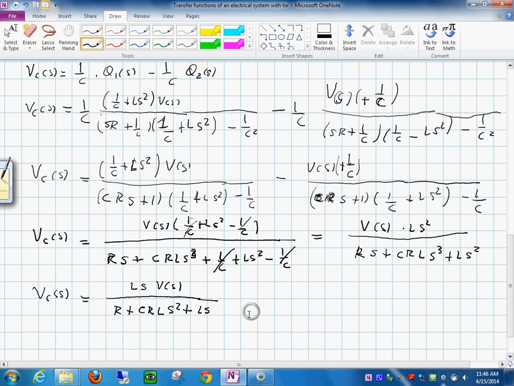So consequently, we could write that B sub C of S divided by B of S is going to be equal to L times S divided by C R L times S squared plus L times S plus R. This is the transfer function that we have derived by hand.